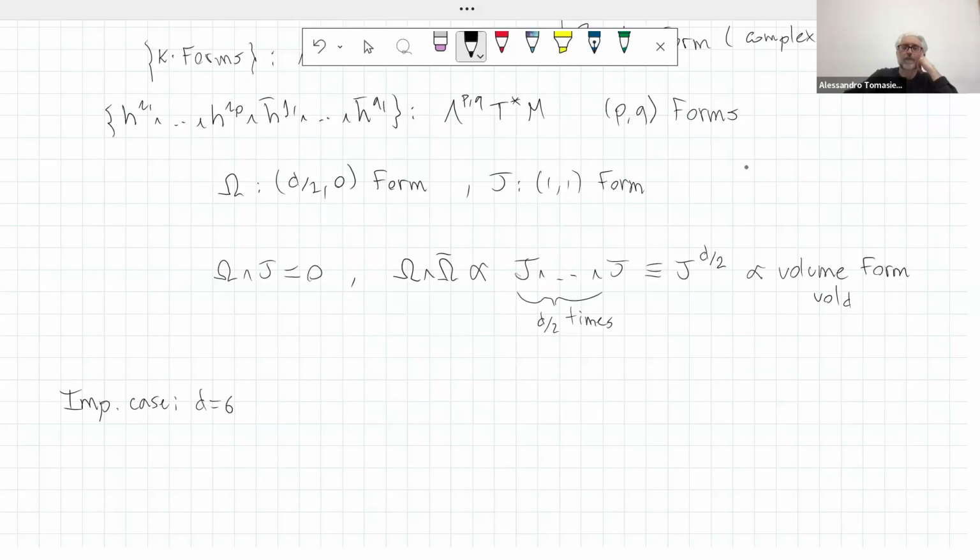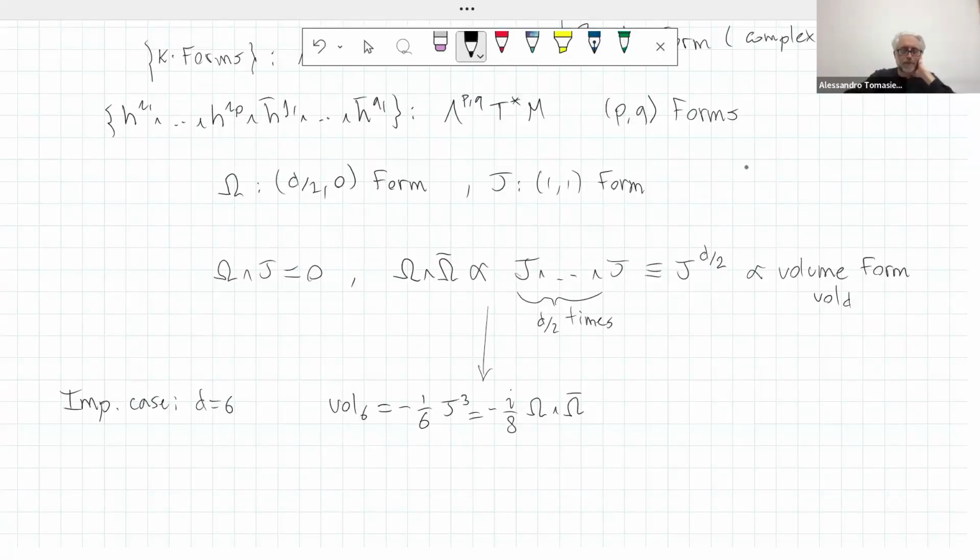d equals 6. I could give them in general, but let me give them for this case. Here I just wrote proportional. This symbol is proportionality, but here for d equals 6, I'm giving you the actual numbers.